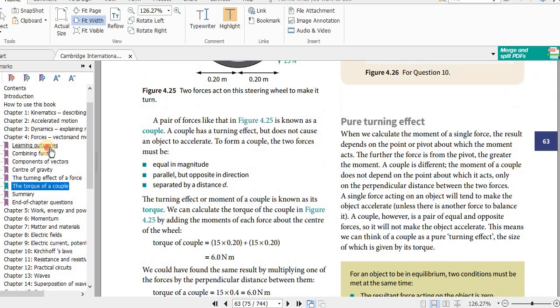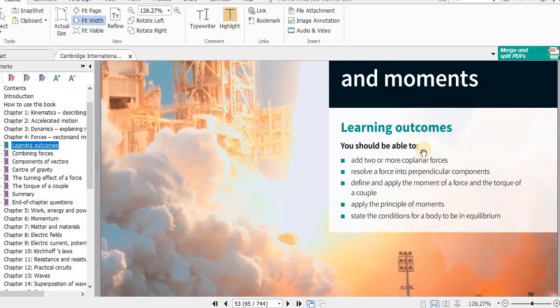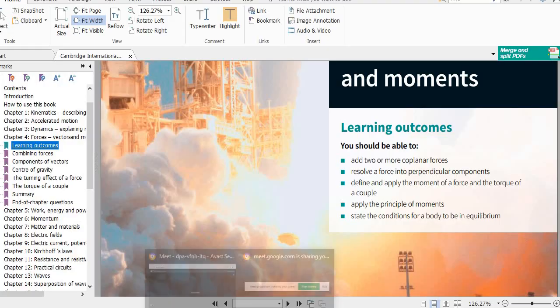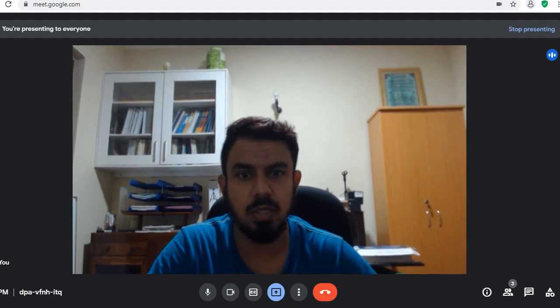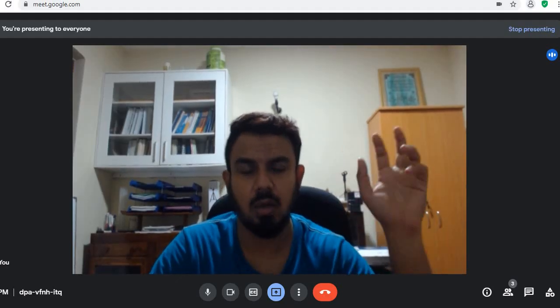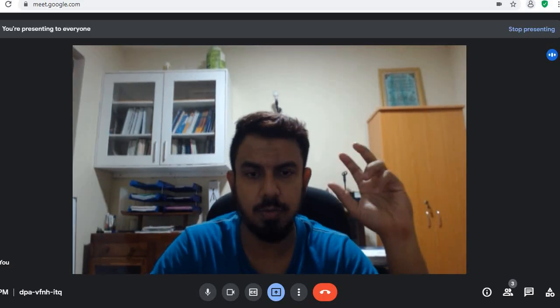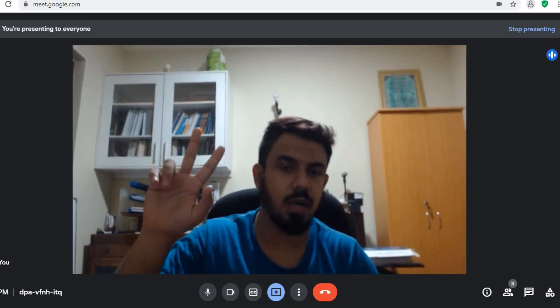Okay, so let's go back to the learning outcomes. Define and apply the moment of a force and the torque of a couple. Apply the principle of moments. In O-level class also you would have learned about the principle of moments. The principle of moments states that the sum of clockwise moments is equal to the sum of anti-clockwise moments. So if an object is in equilibrium, remember there are two conditions.